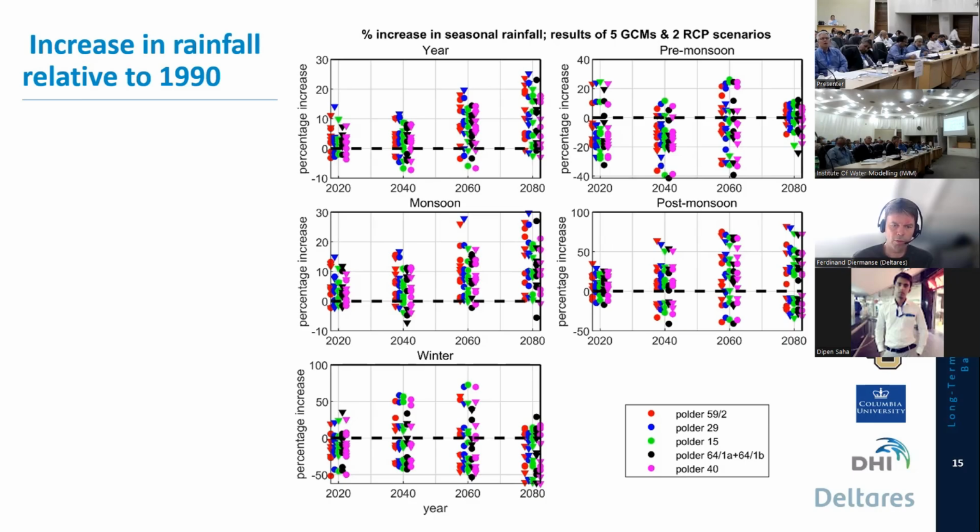In some cases you see a little bit of a decrease projected in the rainfall, whereas other models project a very substantial increase. So these pictures take a little bit of time to see what information is in there, but overall they summarize quite nicely the uncertainty in those projections.